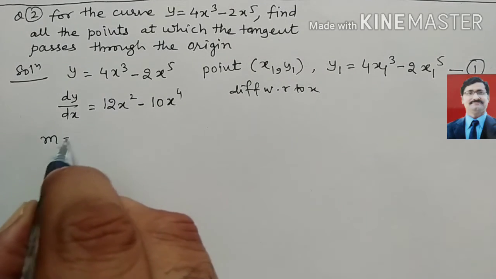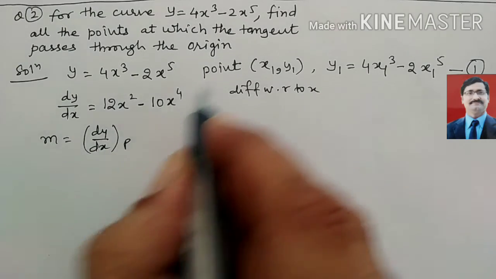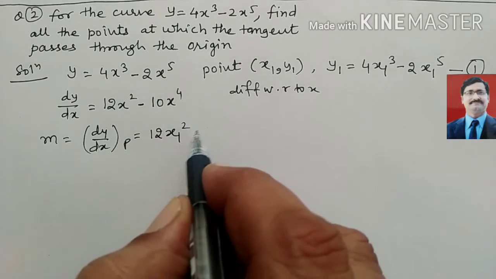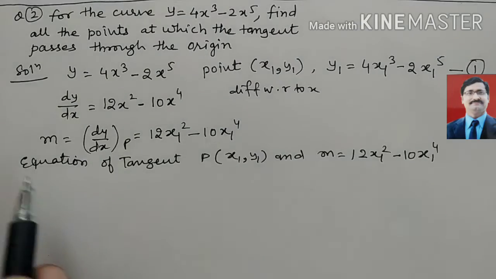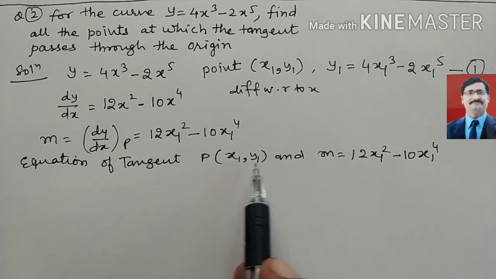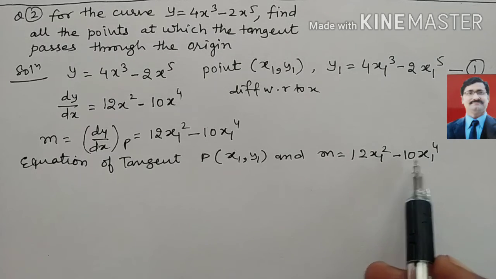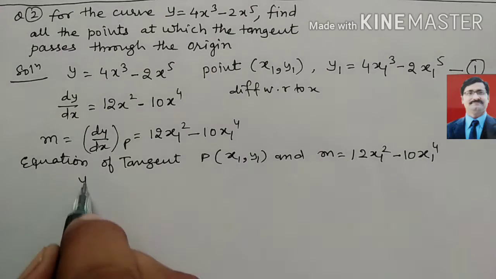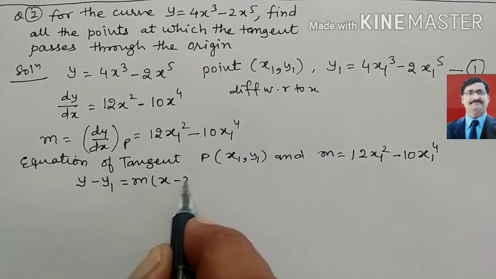So we will get m equal to dy by dx at the point x1, y1, which is 12x1 square minus 10x1 power 4. We have to write the equation of the tangent that is passing through the point x1, y1, and m is given as 12x1 power 2 minus 10x1 power 4. This equation will be y minus y1 equal to m times (x minus x1).